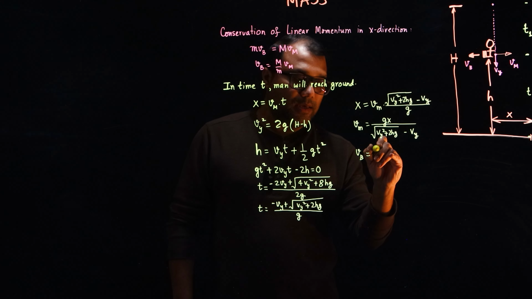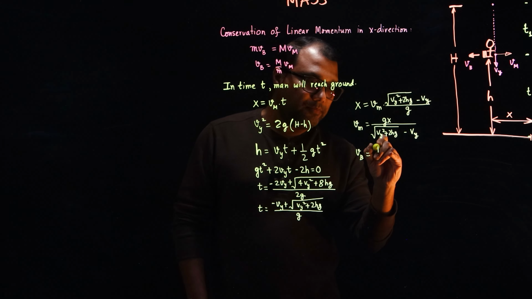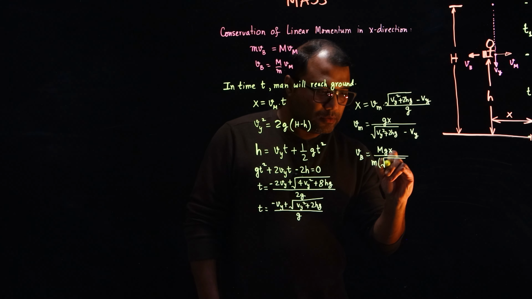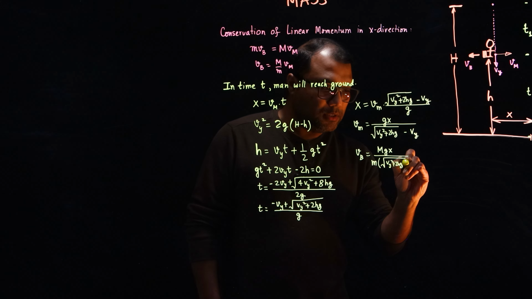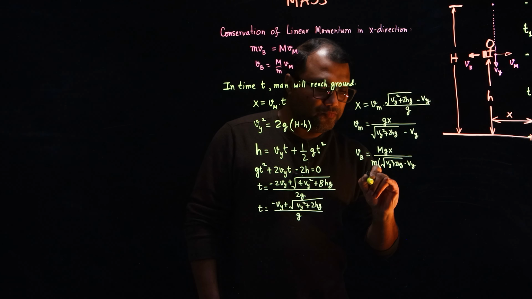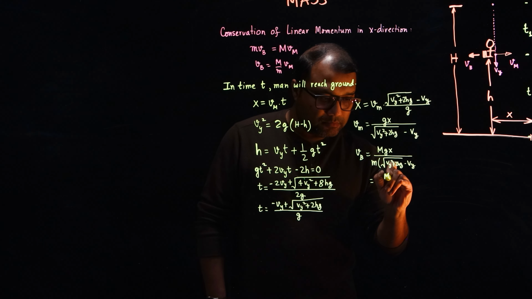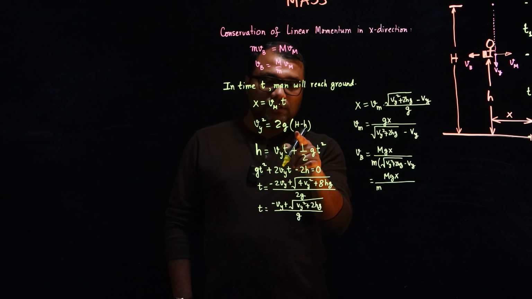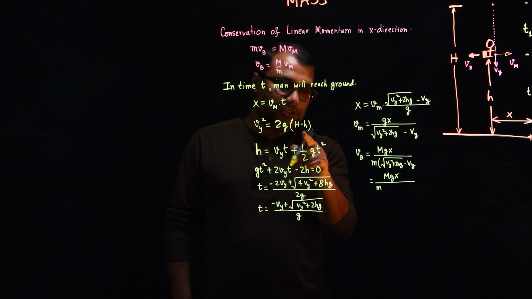Vb is capital M by small m times Vm, so capital M g x by small m into root of Vy square plus 2hg minus Vy. Now let's substitute Vy. Vy square is 2g capital H minus 2g small h.